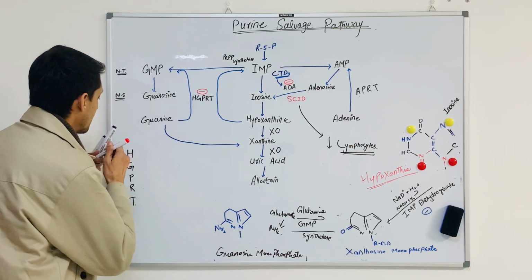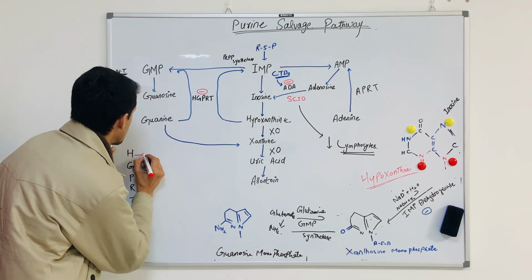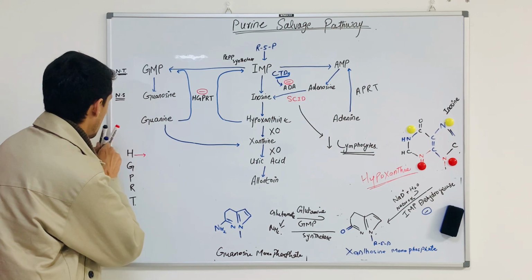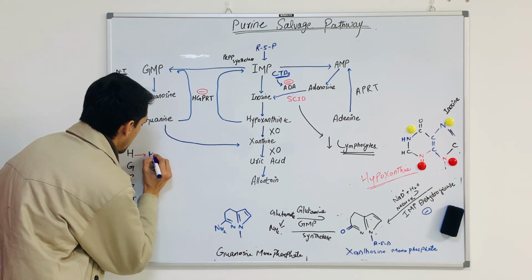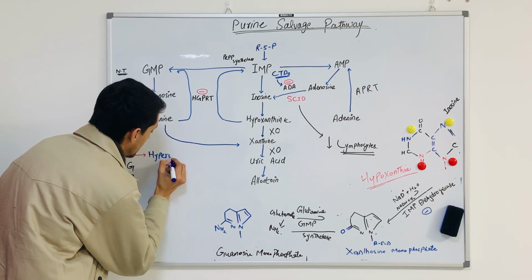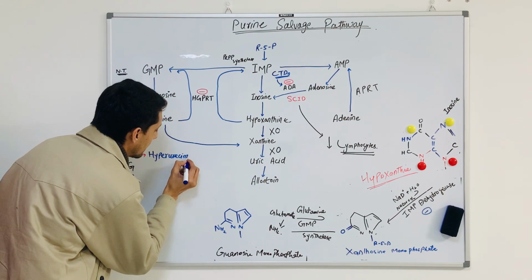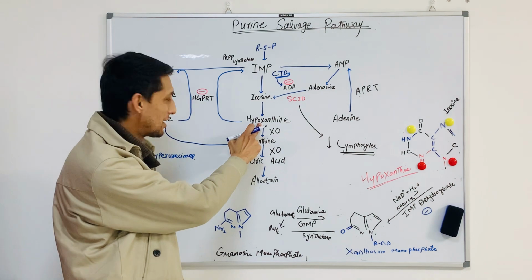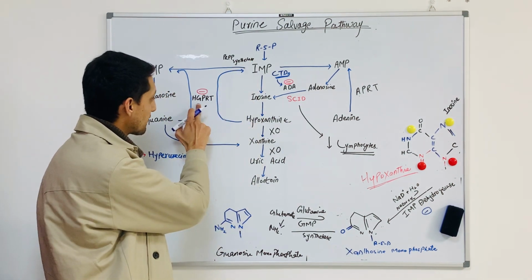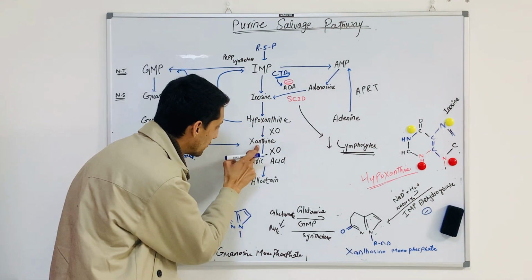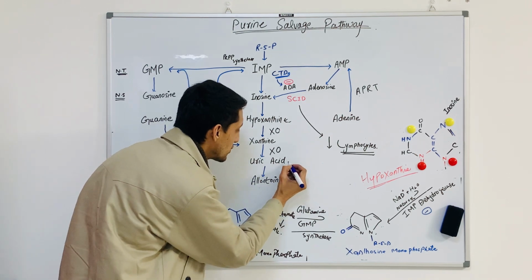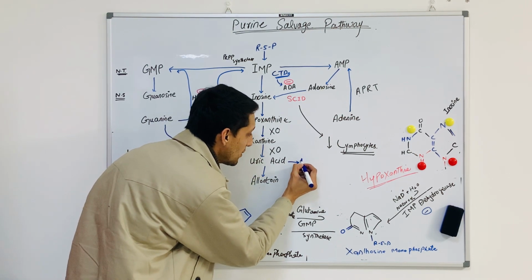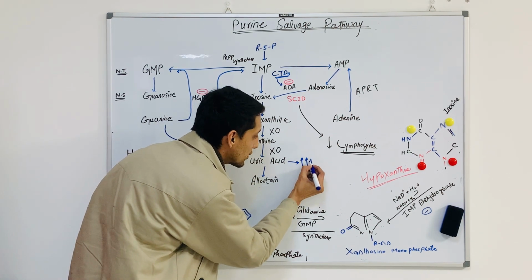Now H will give us a problem, that is hyperuricemia. How? When hypoxanthine does not convert into IMP due to the deficiency of this enzyme, it gets converted into xanthine and then into uric acid, and there will be a serum increment of uric acid.